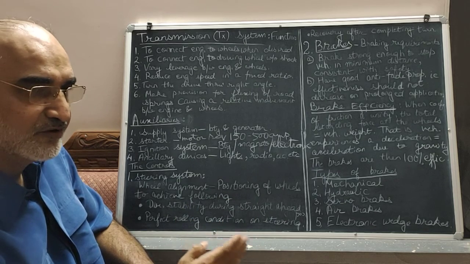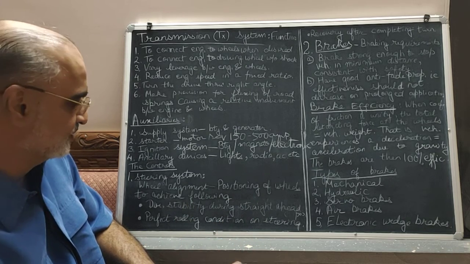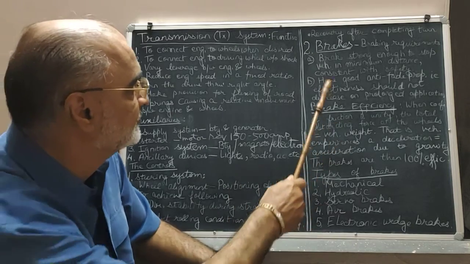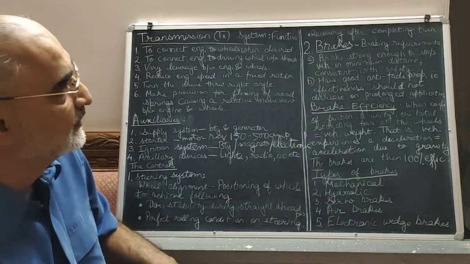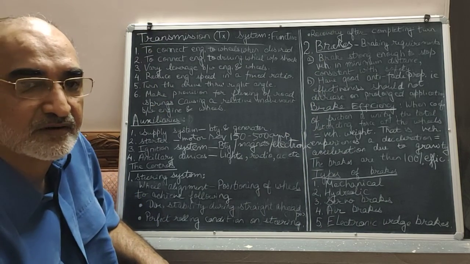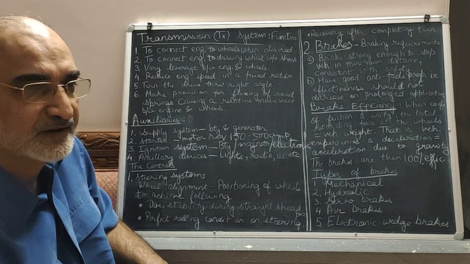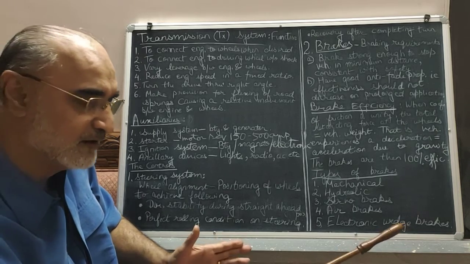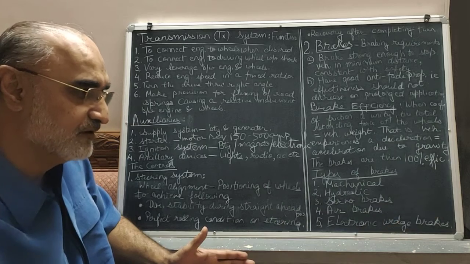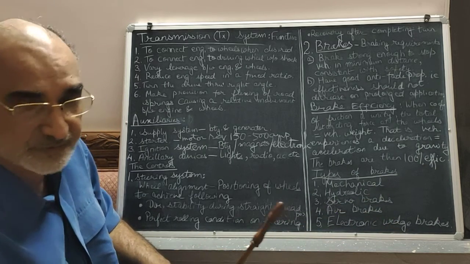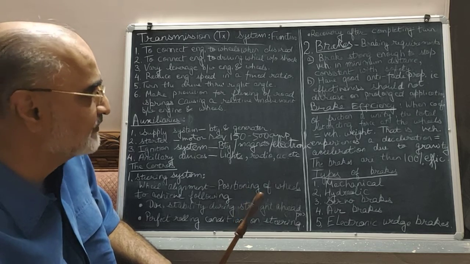There should be no sway here and there and no shocks here and there. And thirdly, after you complete the turn, the recovery should take place and the wheels should come back to the forward driving position, straight ahead position, without much effort by the driver.